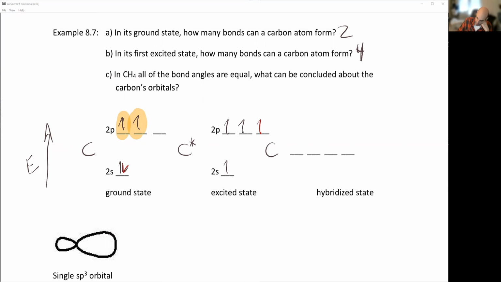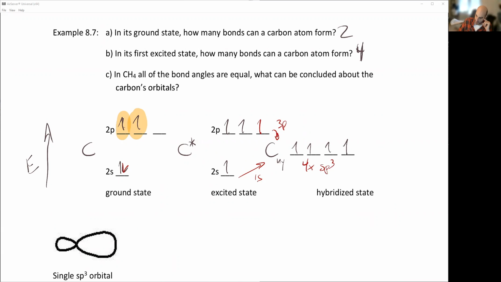So I have a carbon in a hybrid sense. I'm going to hybridize these orbitals by essentially combining the 1s and the 3 p's to give me 4 sp3 hybridized orbitals.